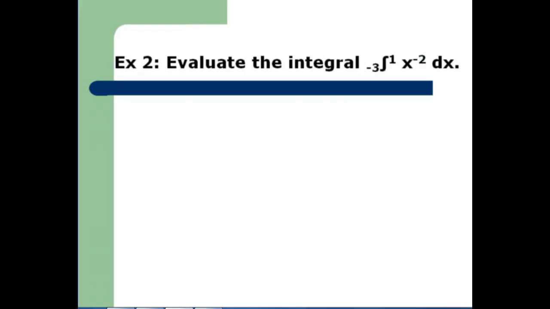Okay, we have the integral from negative 3 to 1 of x to the negative 2, which is like 1 over x squared. What would your graph look like? What happens at negative 3? At negative 2?